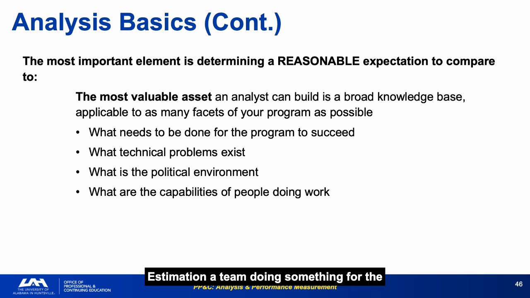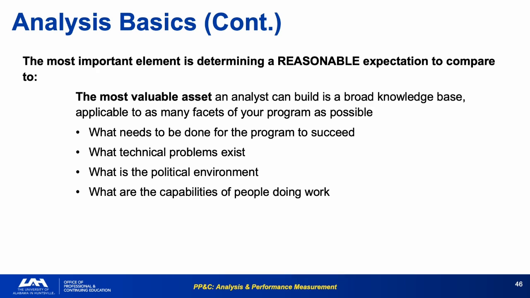A team doing something for the first time will cost more and take longer than a team that has done it before. A broad knowledge base means knowing the program, the technology, the history of similar programs, and the political pressures on the project. Reasonable expectations are not invented. They are built through study, experience, and deliberate accumulation of historical knowledge.